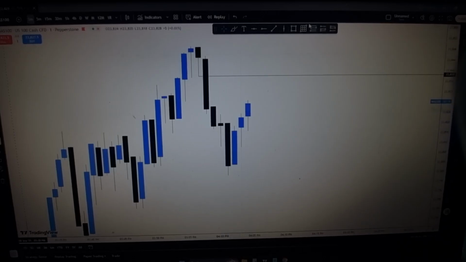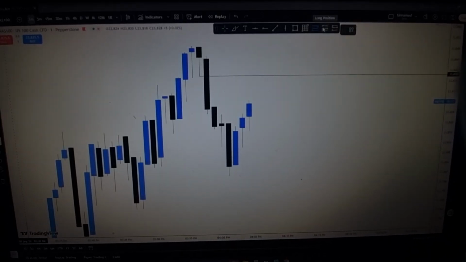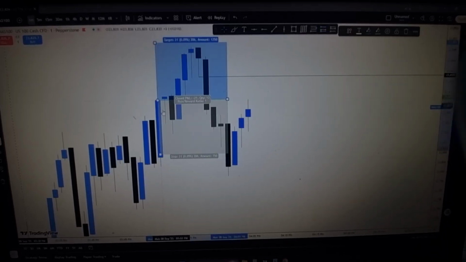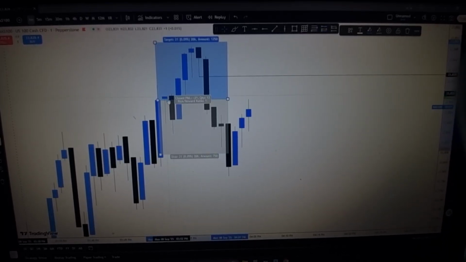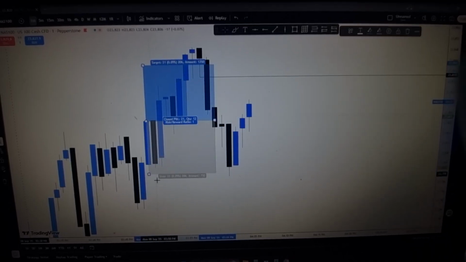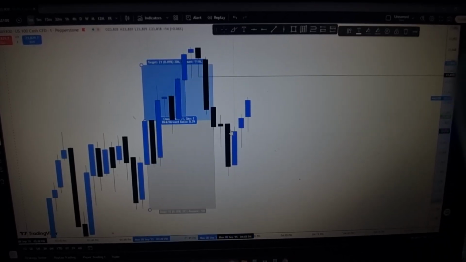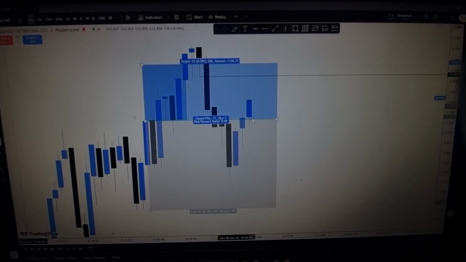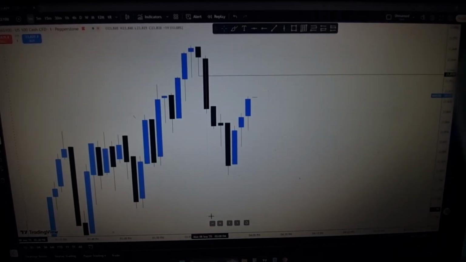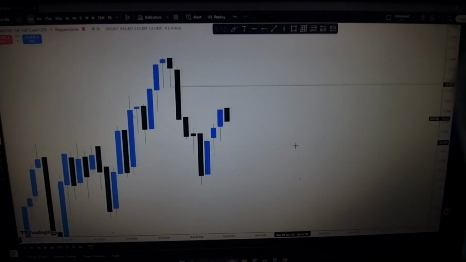Let's see if I should have actually, because this was my entry on this break. No, it was before this break. This one, putting my stops below this low. So I would have just, let's see. I don't think I was willing to risk that, but yeah.